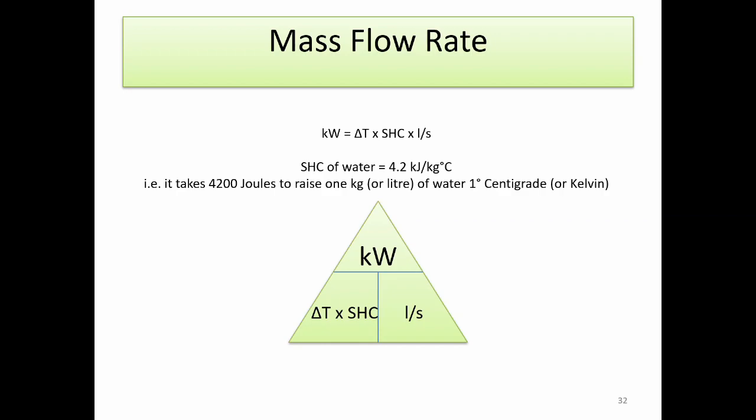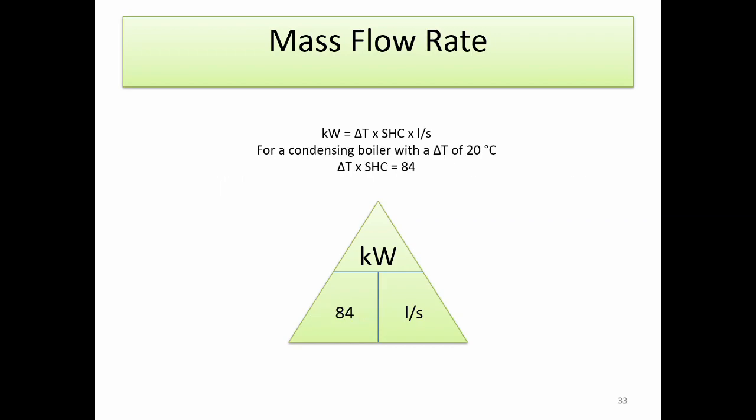The units centigrade and Kelvin are identical units, but the scales start in different places. Kelvin starts at absolute zero, which is around about minus 273 degrees centigrade, and the centigrade scale starts at the freezing point of water, 0 degrees C. So if we wanted to work out the flow rate for a condensing boiler with a DT of 20, the delta T times the specific heat capacity is 84.